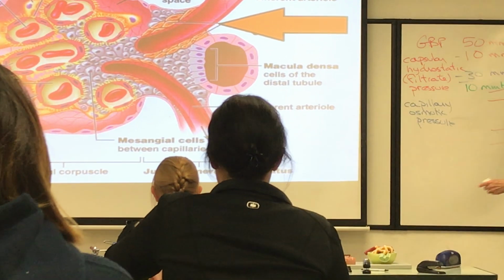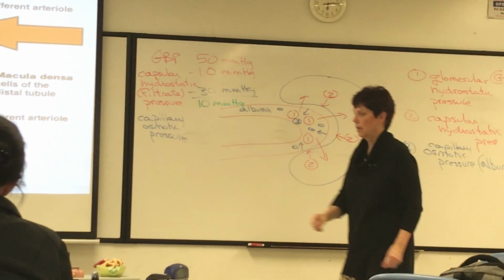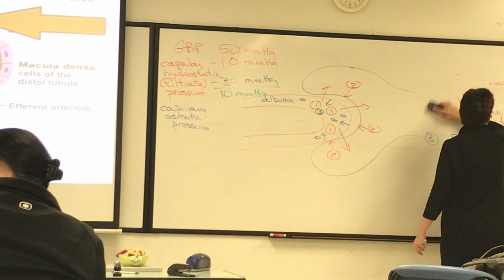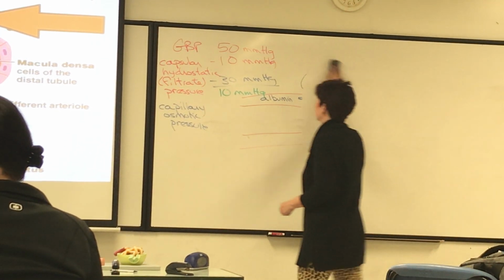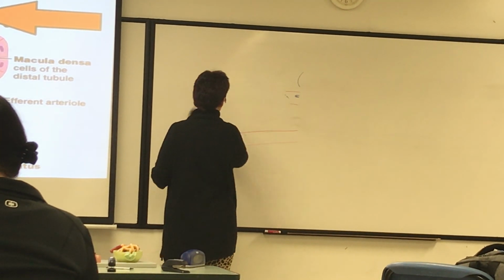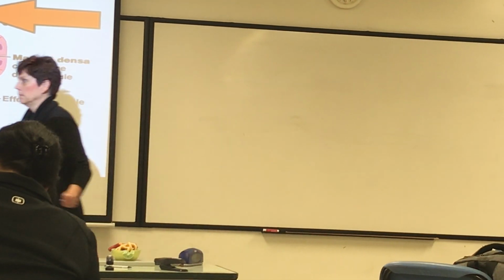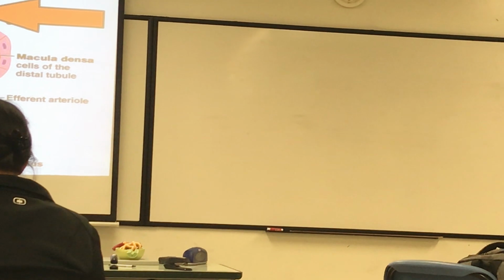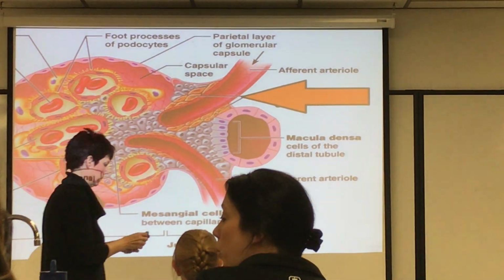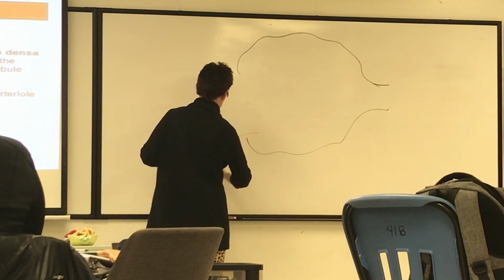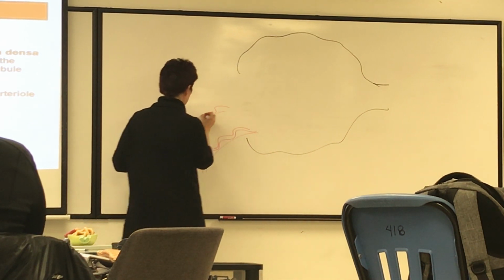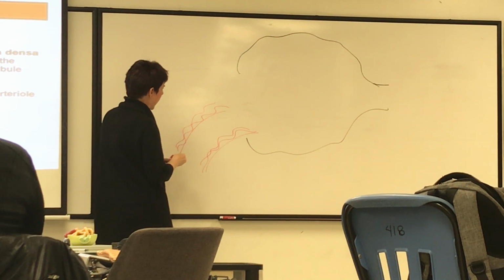So let me erase this portion here, and we'll redraw that on the board. So this is the afferent arteriole.